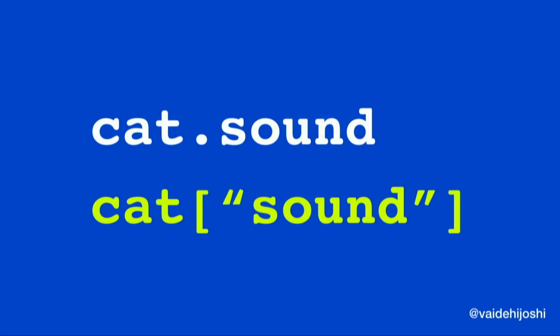We can access or interface with an object and its properties in two different ways. So we can use dot notation, or we can use bracket notation. However, I said two different ways, but I'm actually lying a little bit because there are other ways to interface with our objects as well.